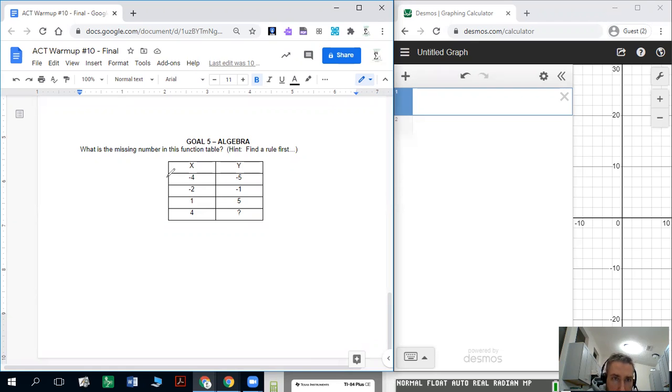So let's look for a pattern. This is going up 2. This is -4 to -2 is +2. This is -2 to -1 is +3. And 1 to 4 is +3. So -4 to -2.